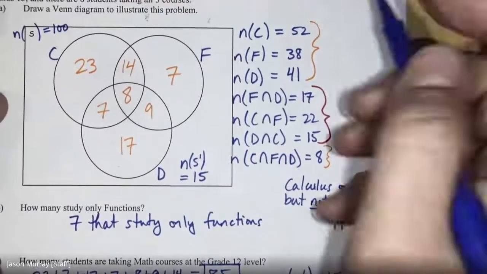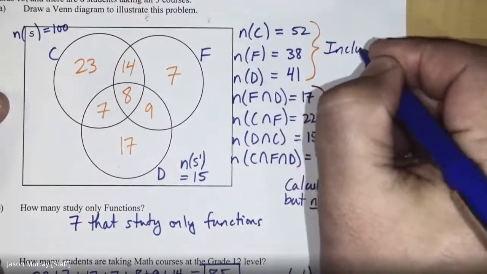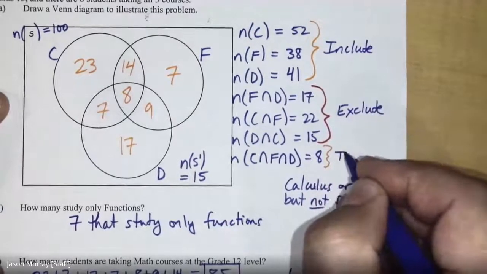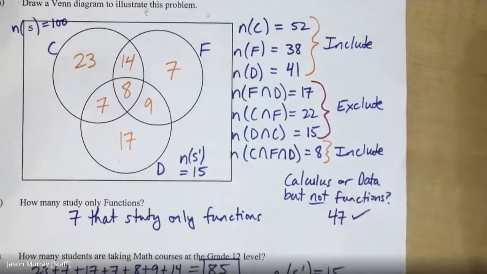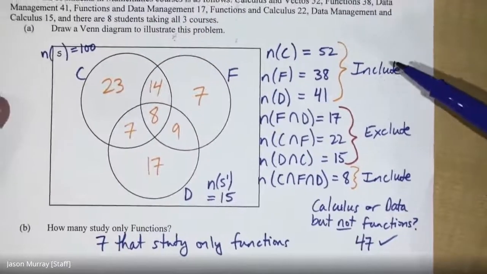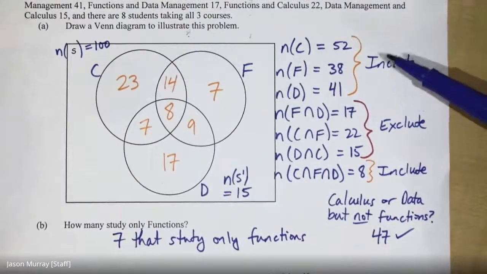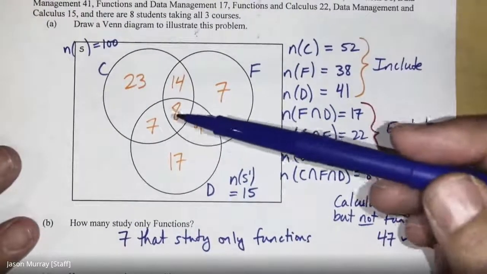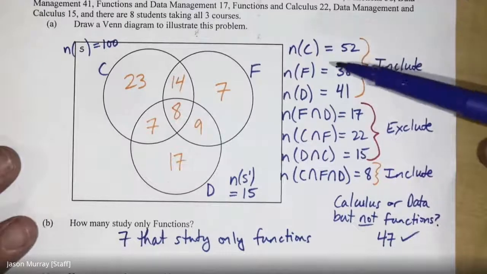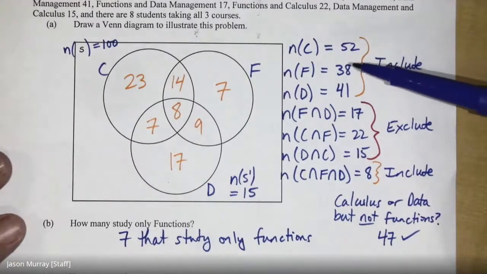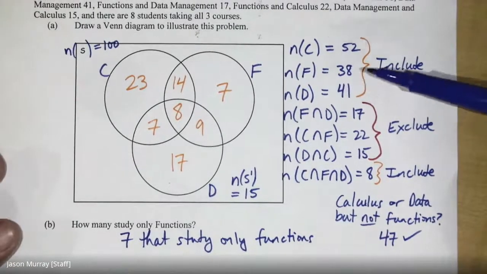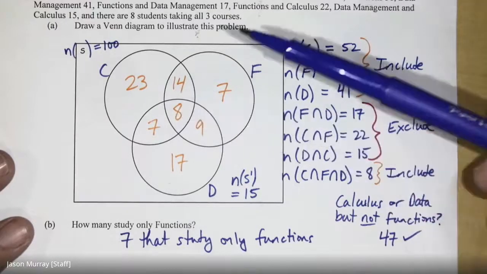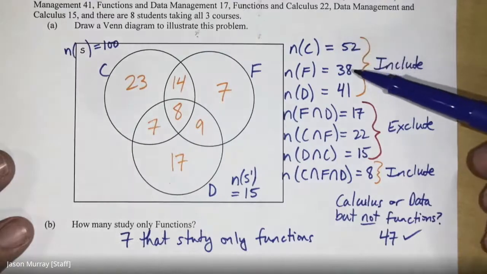So this is include, this is exclude, and this is include again. I want you to really think hard about why that works. And really important to think about this 8 in the middle. When you're including 52, 38, and 41, how many times have you included that group of 8 out of those 3 groups there?